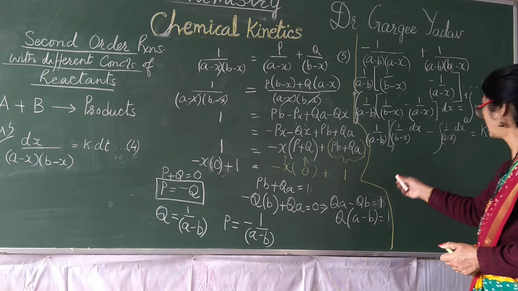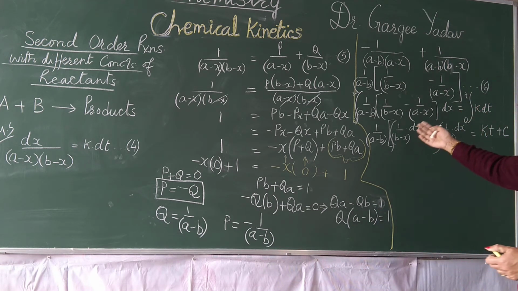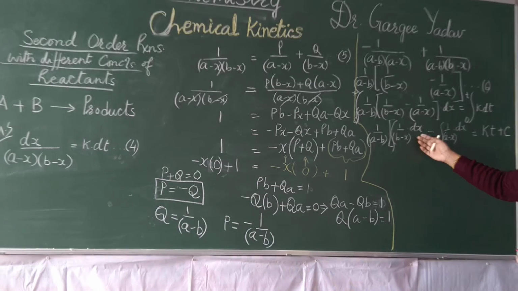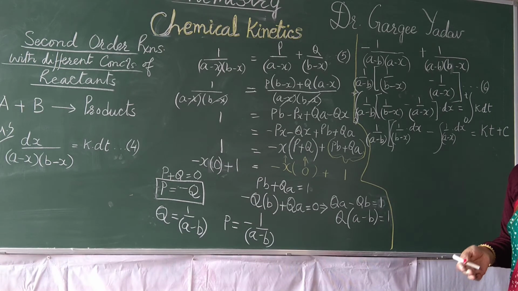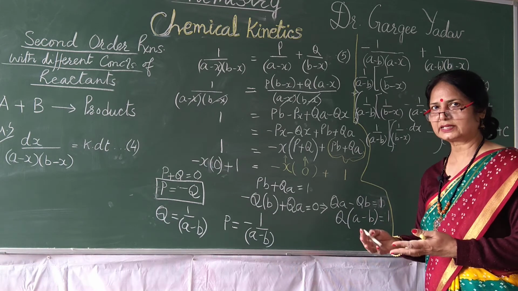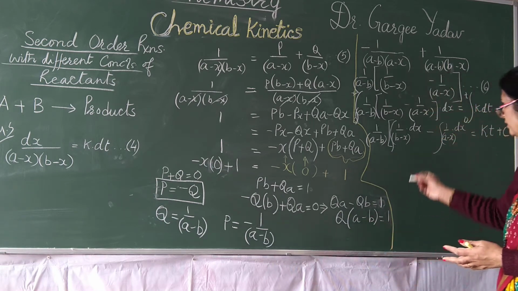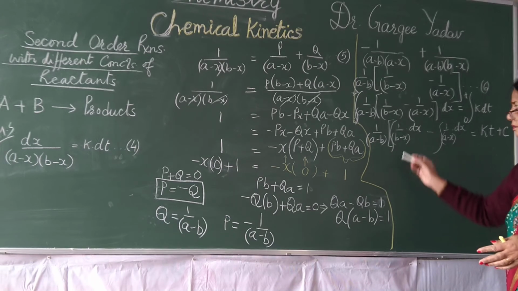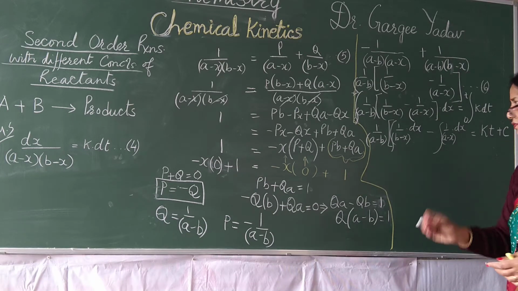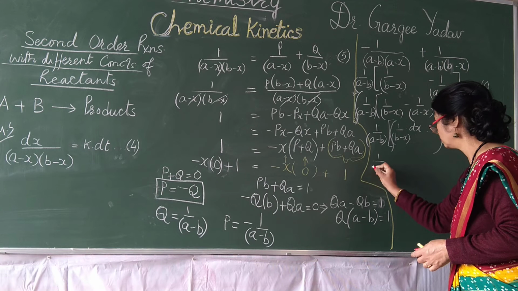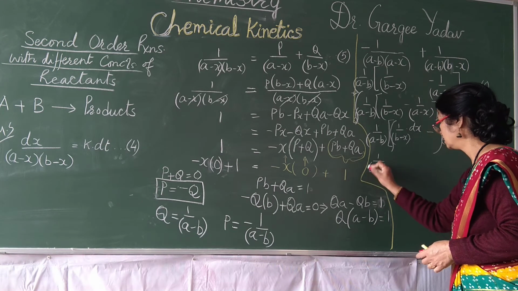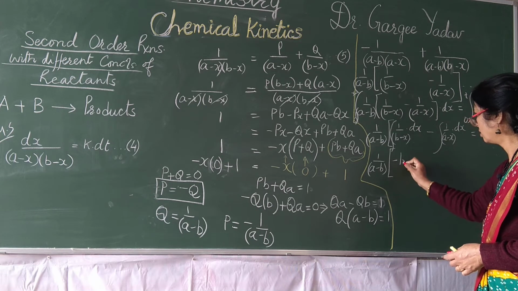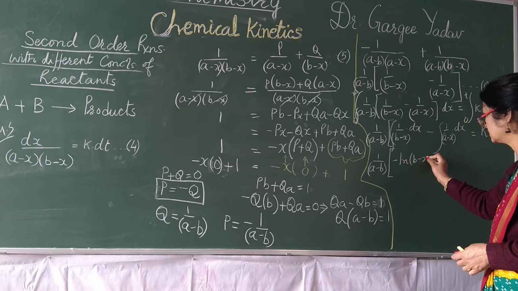We all know the value of integration of 1 upon b minus x dx. What will be the value? The value will be log natural b minus x with a negative sign, since we are having a negative sign to this x. So let's come over to this equation, 1 upon a minus b, and what comes over here is minus log natural b minus x.